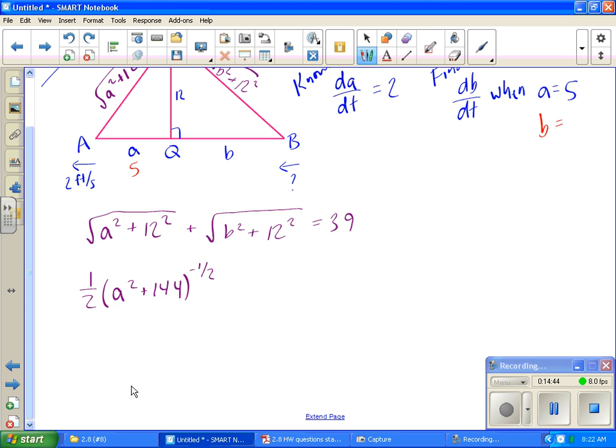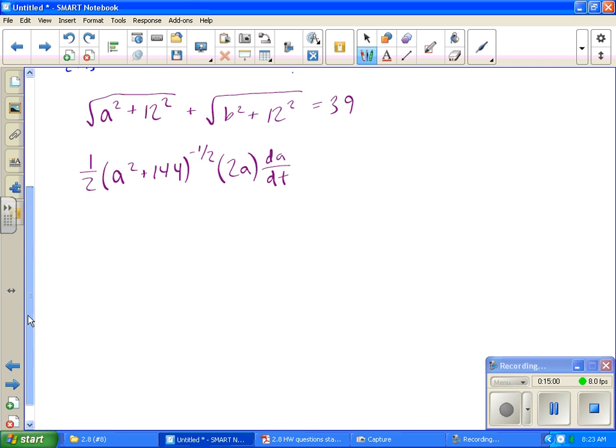And then the derivative of the inside function is 2a. And then I need what in the back? dA dt. Same thing for that one, so go ahead and do that other one. And I'll clean this up here.